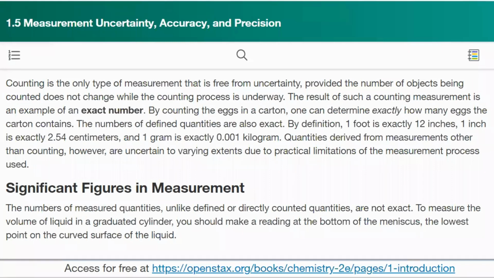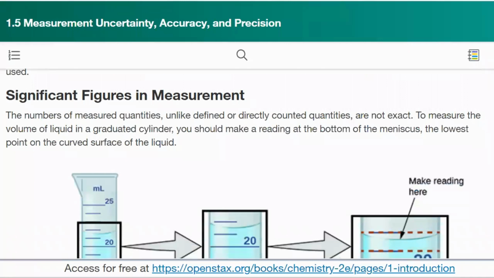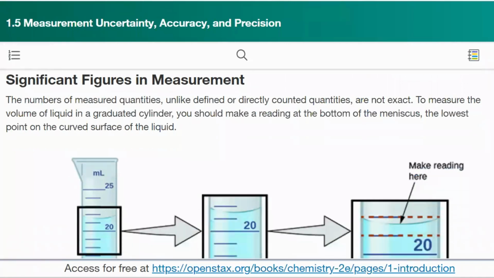Significant figures in measurement. The numbers of measured quantities, unlike defined or directly counted quantities, are not exact. To measure the volume of liquid in a graduated cylinder, you should make a reading at the bottom of the meniscus, the lowest point on the curved surface of the liquid.